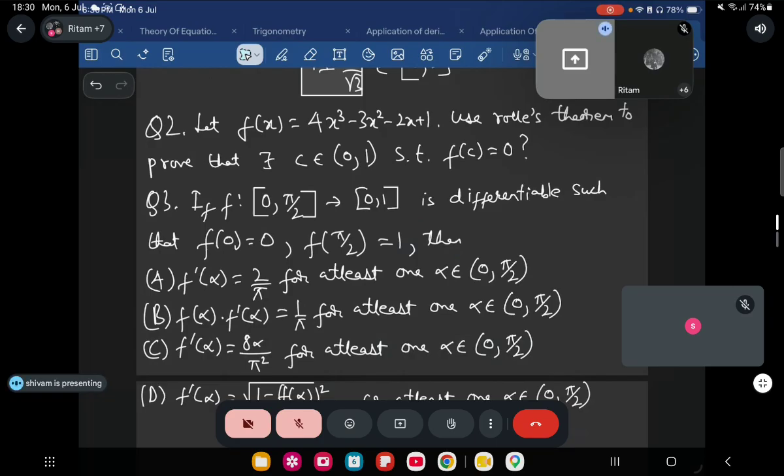Devang, right answer. Yes, Devang, tell me. Number 3 is multiple option correct. Multiple correct type. Number 3 is multiple correct type, everyone.